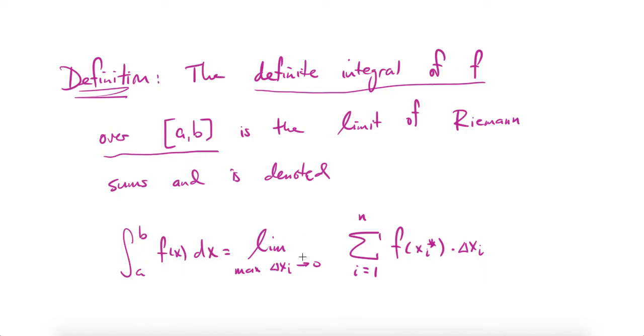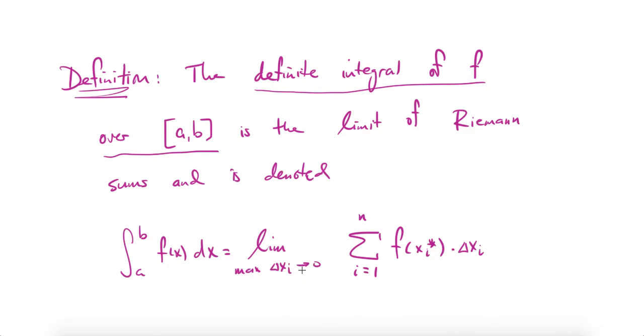And this essentially says we're taking the limit of the Riemann sums where we have infinitely many subintervals that are all infinitely thin, right? I'm taking the limit where delta x i is the width of the ith subinterval, and it's going to 0.